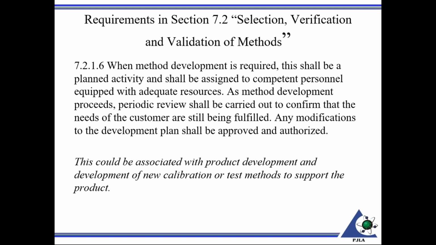Any modification to the development plan shall be approved and authorized. So this one is kind of a head scratcher. When method development is required, this could be associated with perhaps product development and the development of new calibration or test methods to support the product.